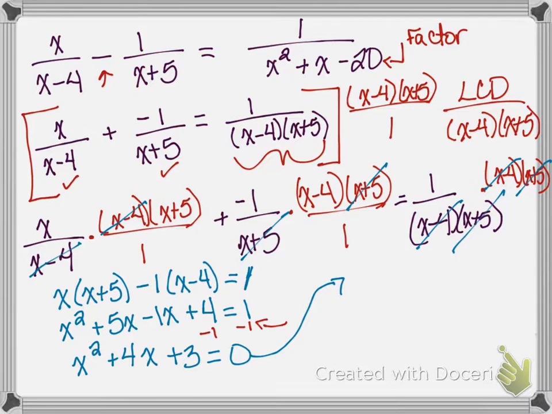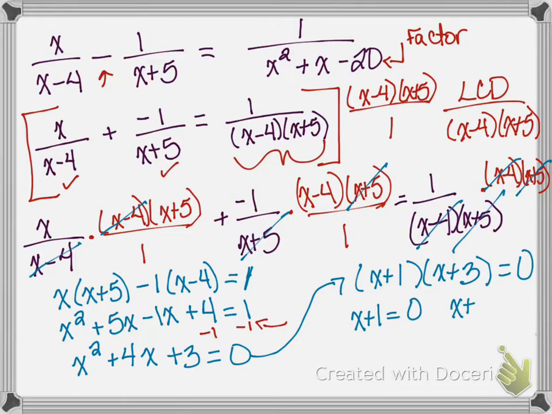I have a product of 3 and a sum of 4. x plus 1, x plus 3. Okay, 3 times 1 is 3. 3 plus 1 is 4. I set each one equal to 0. And my final answer here is x equals negative 1 and x equals negative 3.